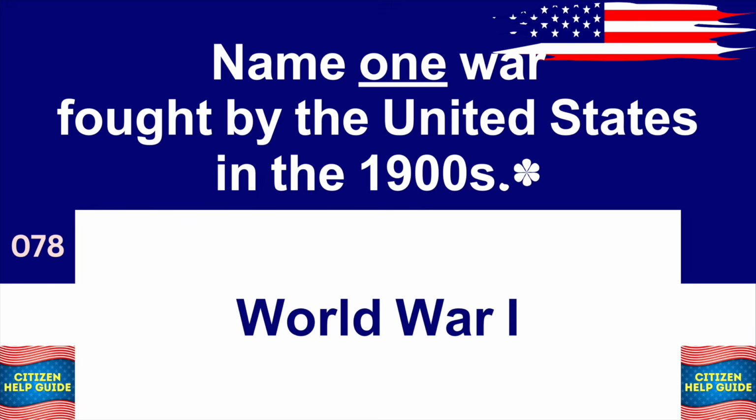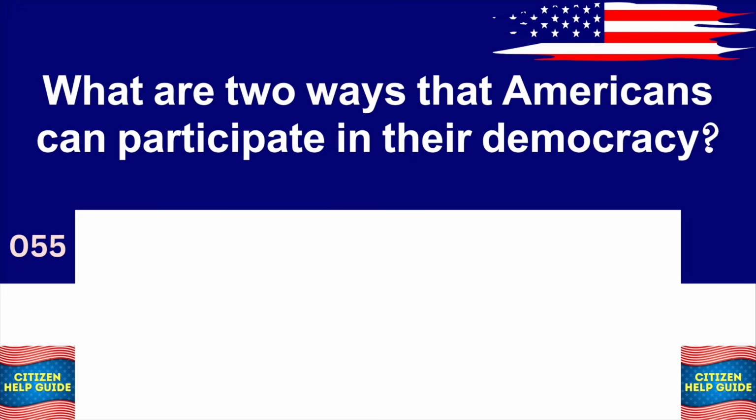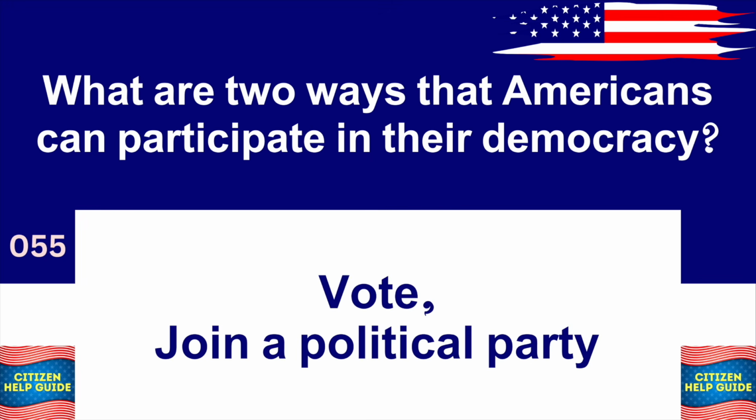World War I. What are two ways that Americans can participate in their democracy? Vote. Join a political party.